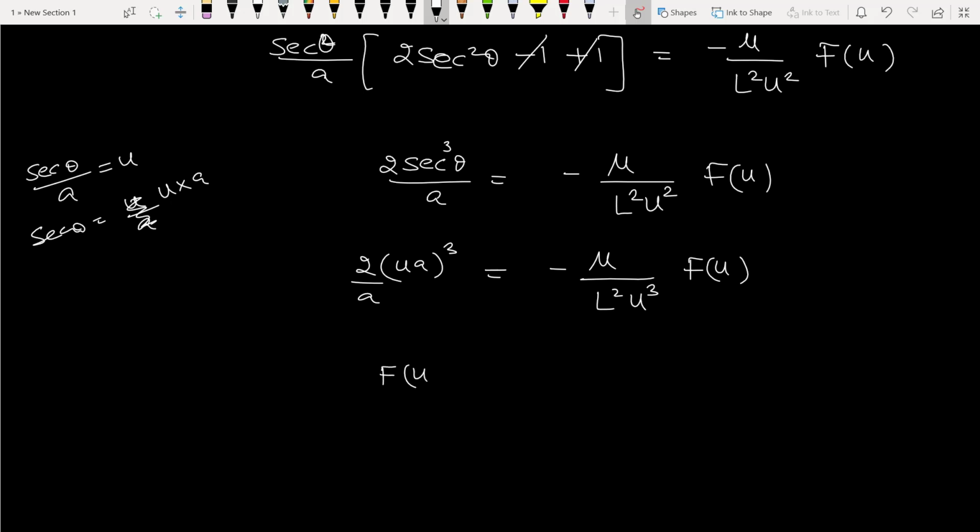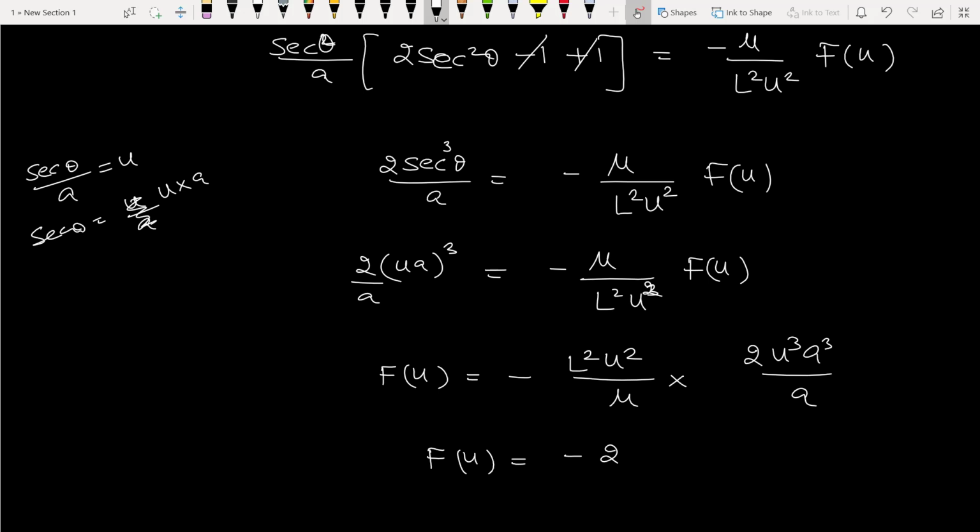So F(u) is minus L square u square upon mu, 2 u cube a cube divided by a. So F(u) is minus 2 a square L square u5 divided by mu.